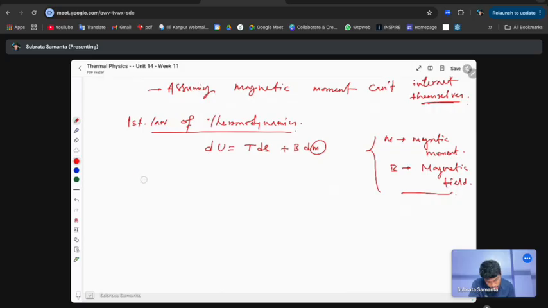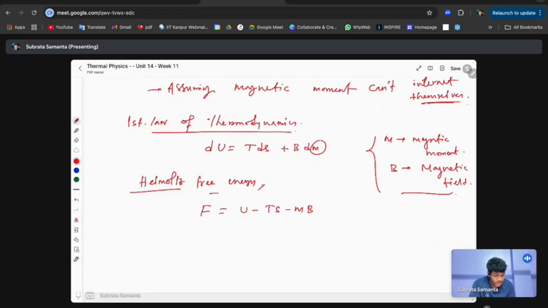Your Helmholtz free energy F equals U minus TS minus MB. This MB, or BM, is the magnetic energy.